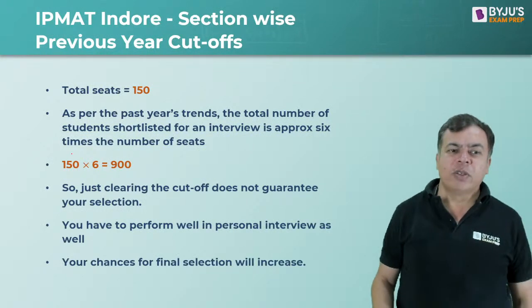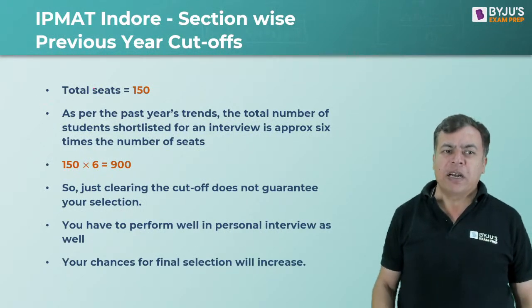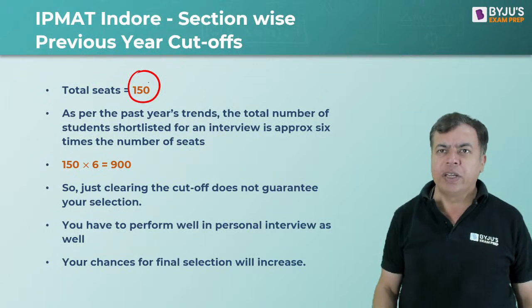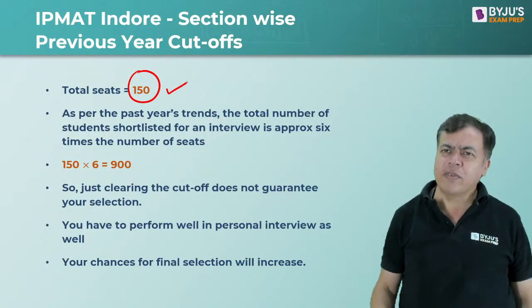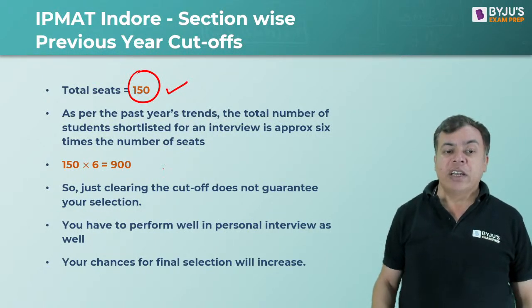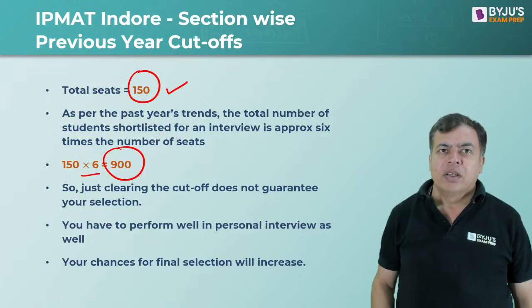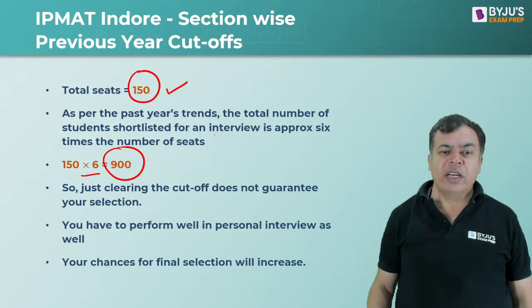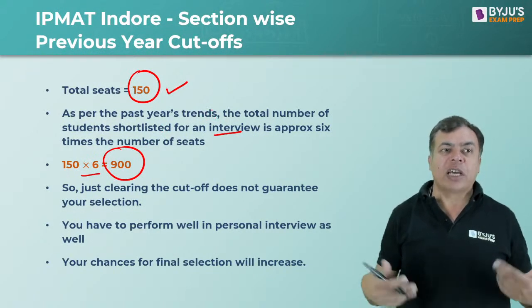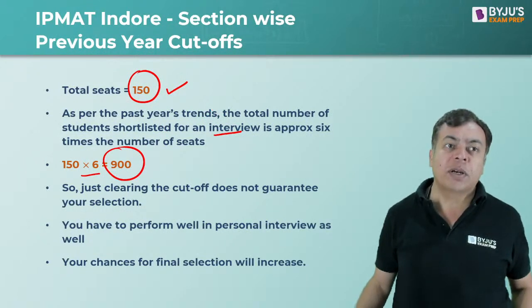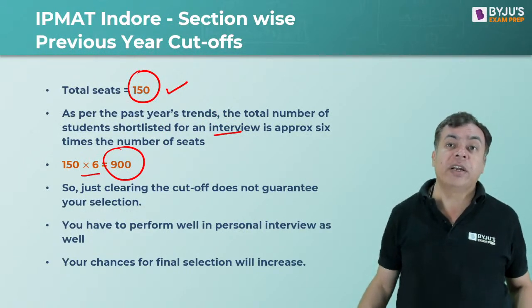Apart from the cutoff, you should know that I told you this part, that total number of seats were 150, right? Okay, they are 150. Now they generally call in the ratio of 6. That means 900 students will be called for the interview, right? Shortlisted for the interview. That is approximately 6 times. So approximately 900 students will be getting an interview call.